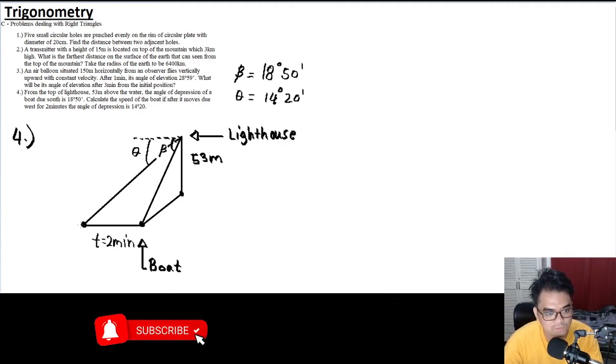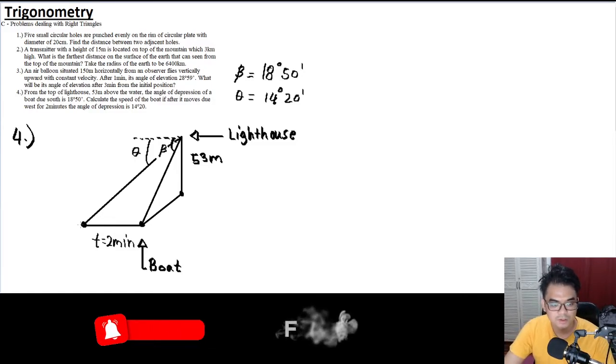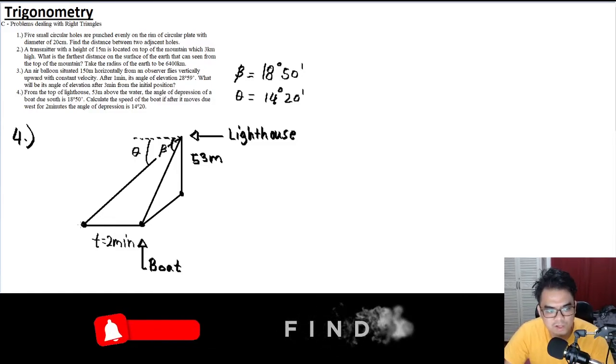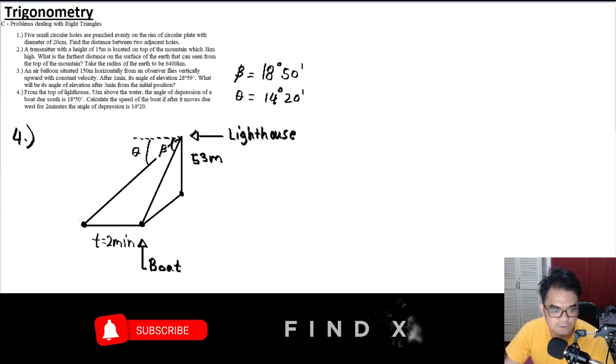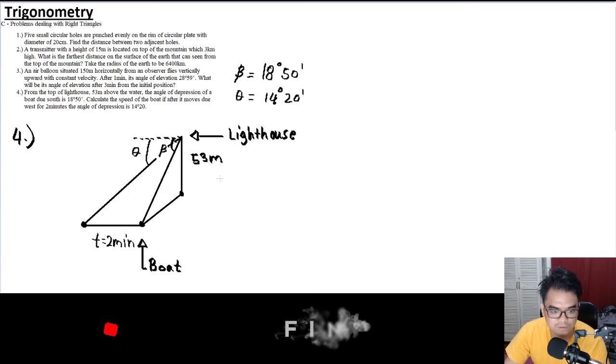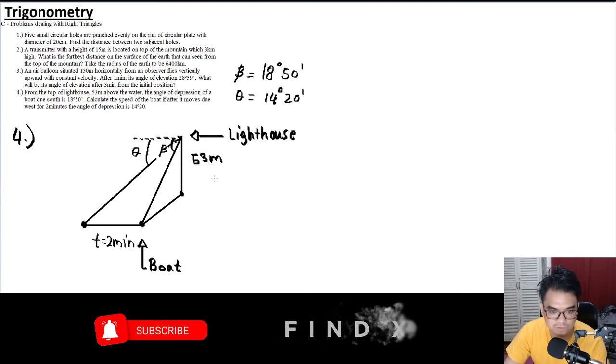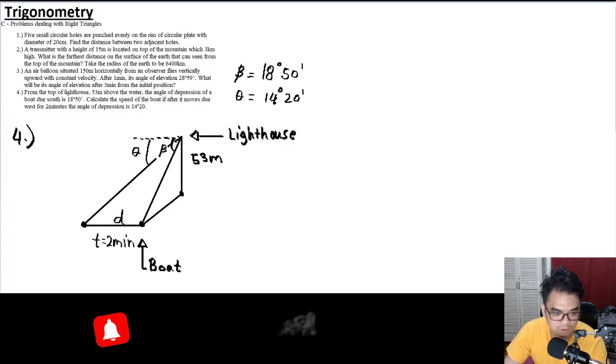We are asked to calculate the speed. For that we will assume that the velocity is constant, therefore we already have the time, and all we have to do is compute for the distance. Let's say that we are computing for this one, t.